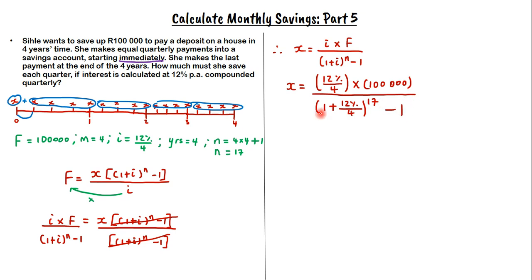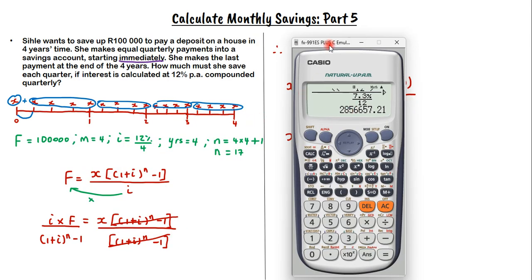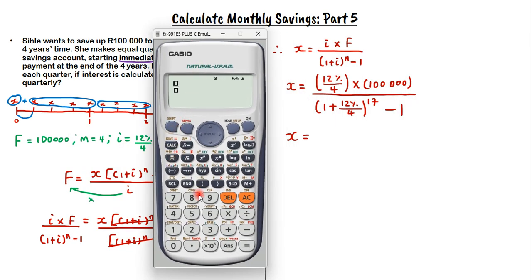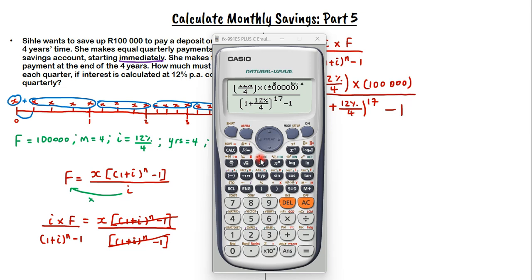Okay, so now here we have substituted. So now we're going to go ahead and type this into our calculator. All right, so as you can see here, we typed it in the calculator.